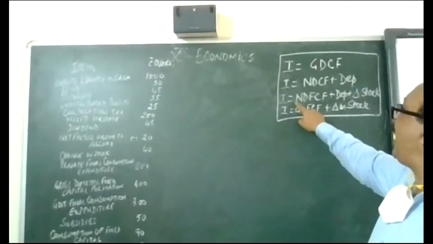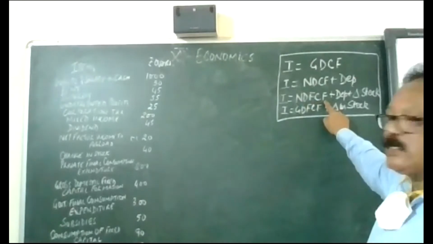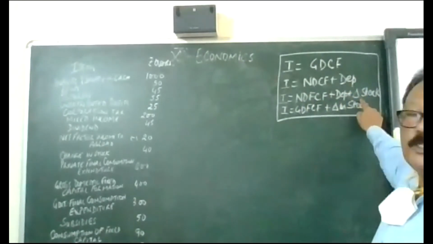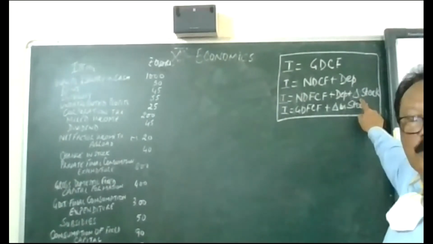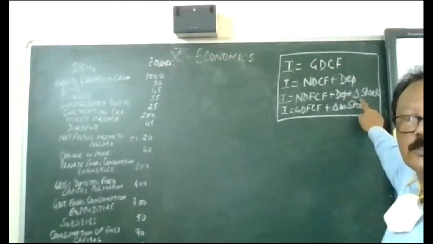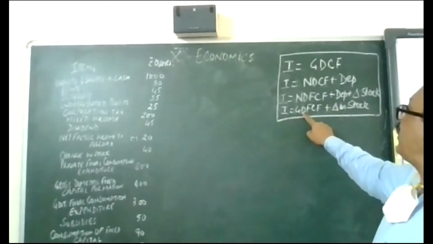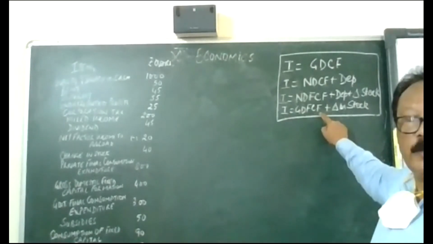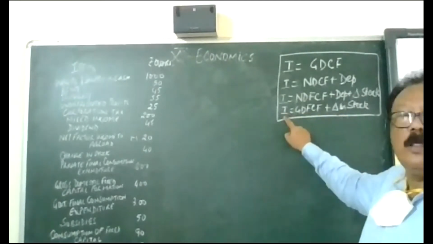When NDFCF, net domestic fixed capital formation, is given, depreciation will be added plus change in stock. What is change in stock? Closing stock minus opening. And when gross domestic fixed capital formation is given in the question, you will add change in stock to it in your investment.